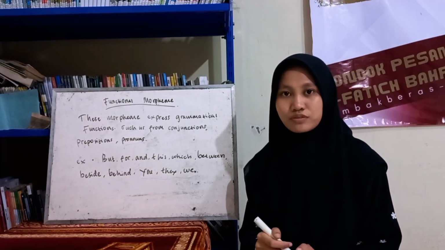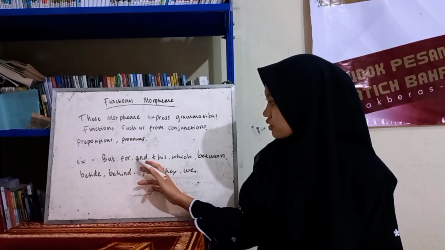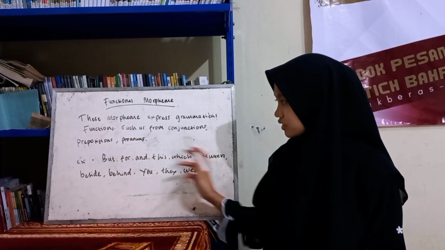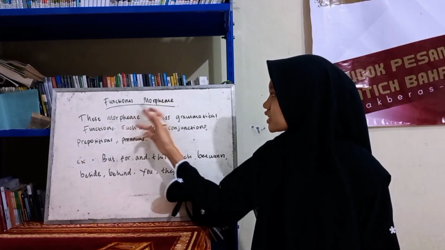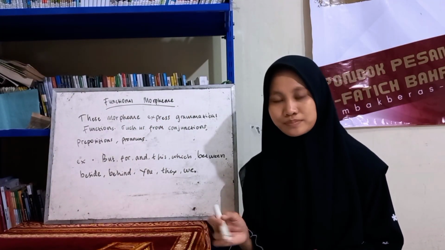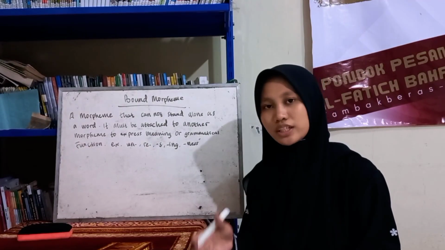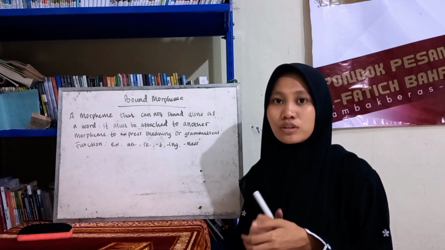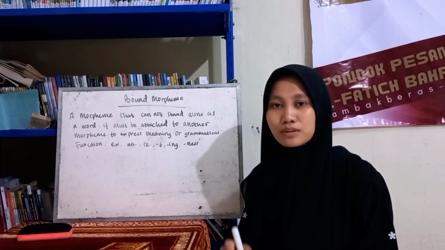And if you find in a sentence words like but, for, or, and each other, these are functional morphemes, a kind of free morpheme. I hope you understand it. Okay, and we have studied free morphemes: lexical morpheme and functional morpheme.